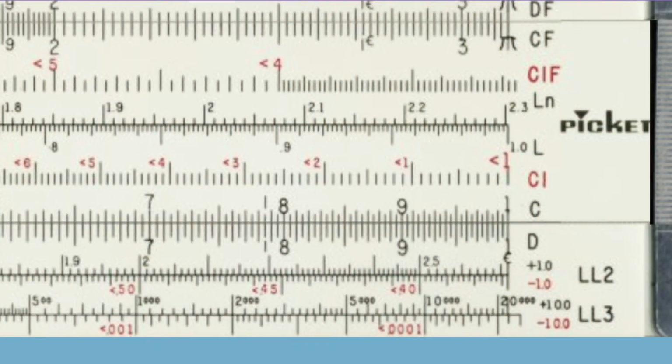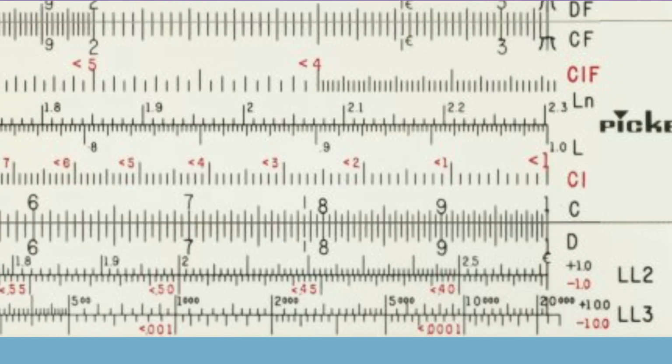For example, if you wanted to know what 2 raised to the power of 3 would be, let's go ahead and see how to do that. Okay, so if we start off on the LL2 scale, you'll notice that there's a black and a red. We want to go with the black because we're dealing with a number greater than 1. Now, if you go just to the left, you will see 2.5 right next to the 9, just to the right of it.